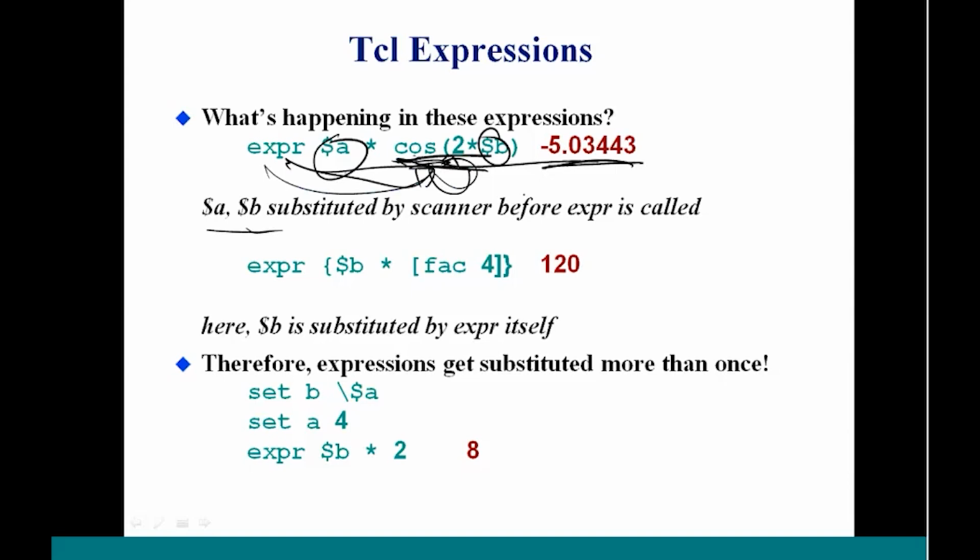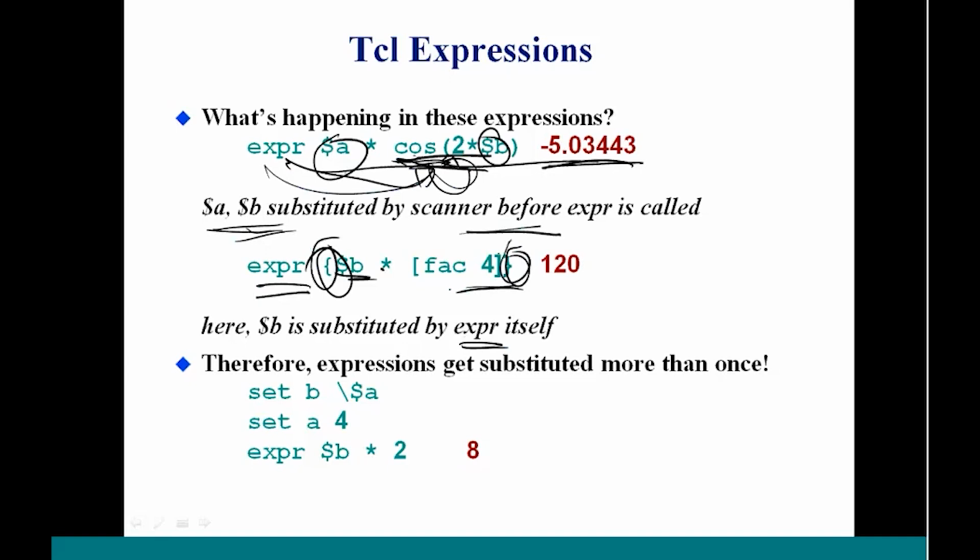So the difference here is, in this one the $A and $B are substituted by the scanner before expr is called, whereas in this expression where we are saying expr, notice the curly braces and $B star fact 4, essentially here the $B is substituted by expr itself.